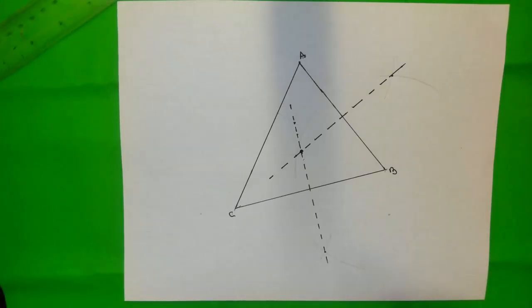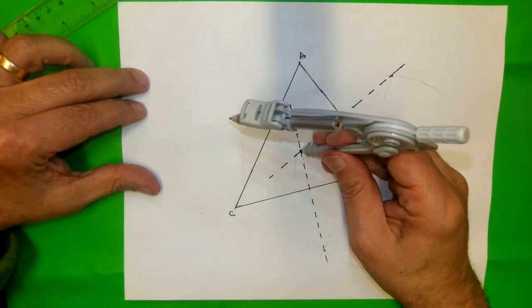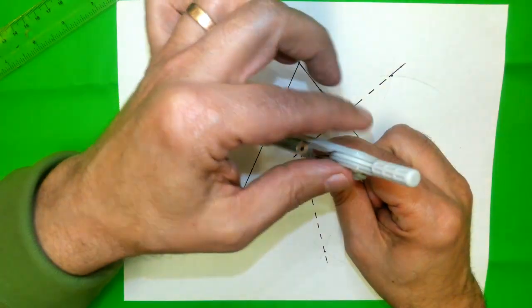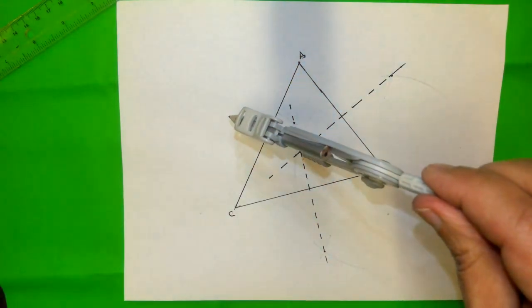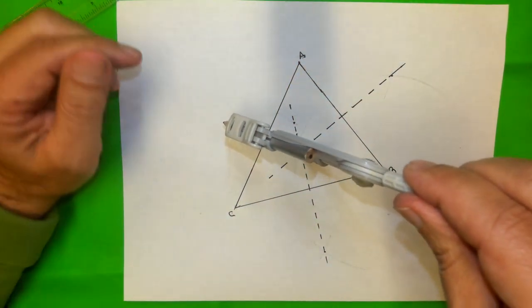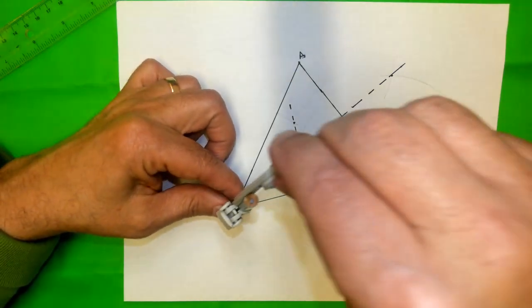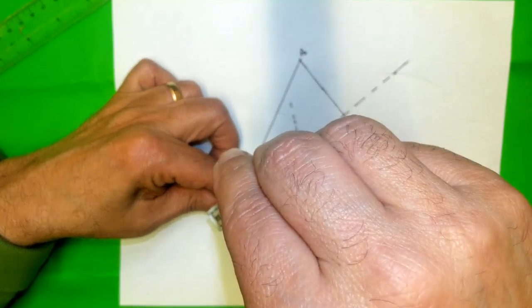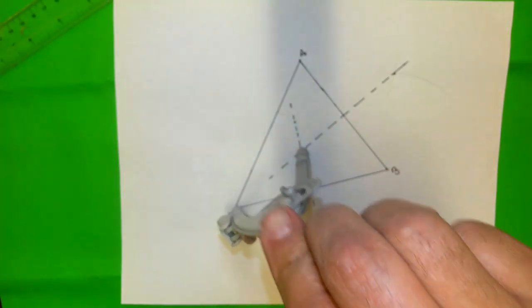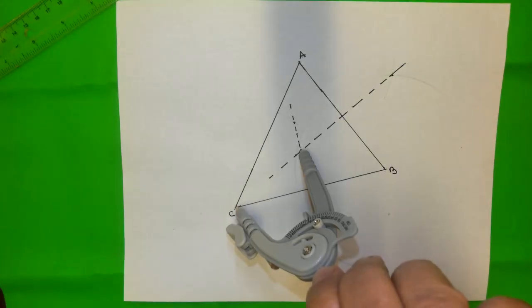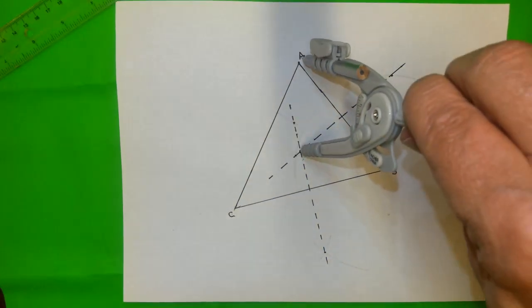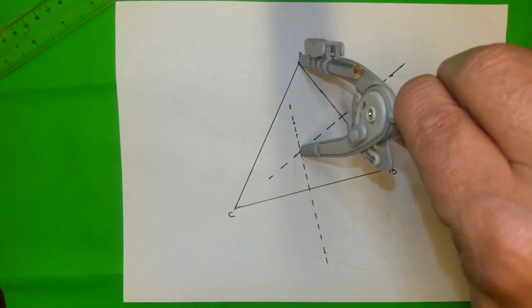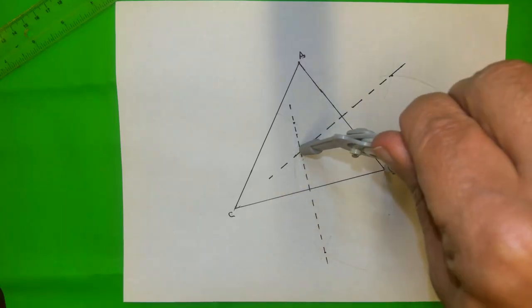So why do we call it the circumcenter? Look here now. I'm going to put my compass on this point where the two perpendicular bisectors intersect. I'm going to go, for example, to point C, and if you do a good job, it's going to be the same for all three points.